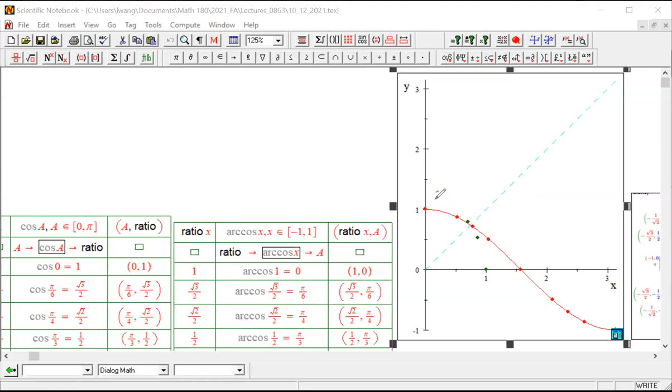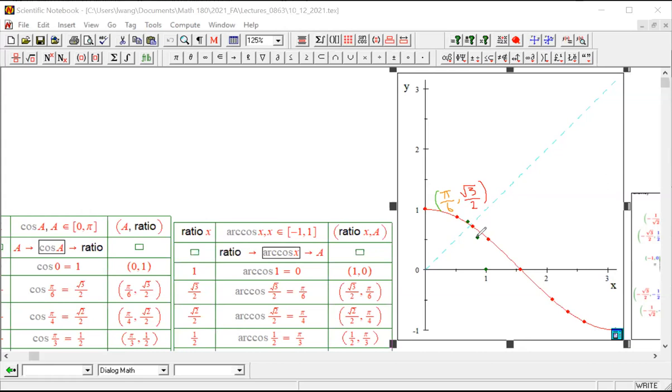This red, I'm going to use orange color. It's pi over 6. And this point, the red number is √3 over 2.